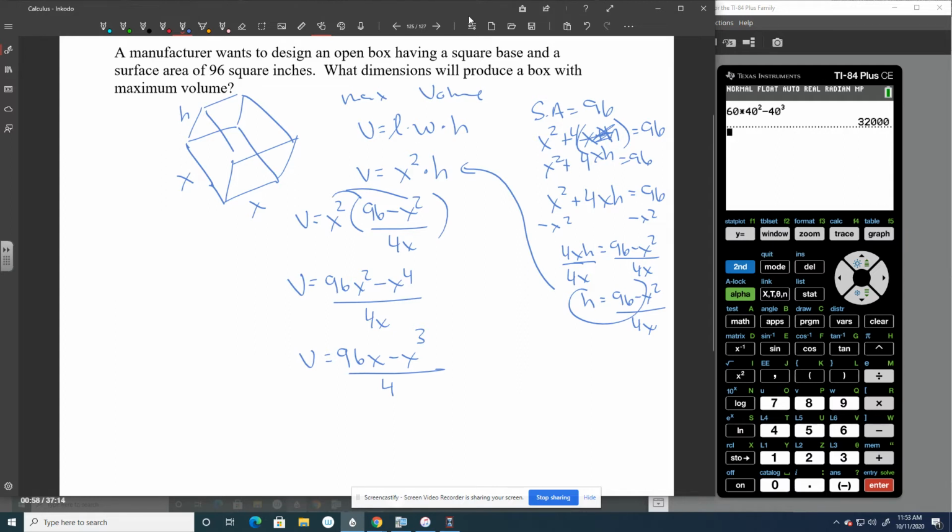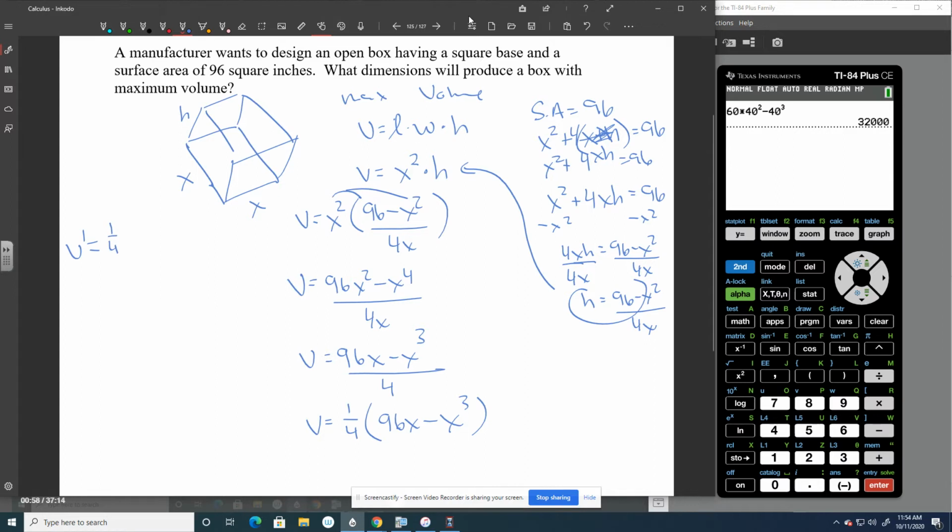The way I have it written right now, I'm going to have to do a quotient rule. So I'm going to cheat a little bit. This divide by 4, I'm going to rewrite this as 1/4 multiplied by 96x minus x cubed. Because that's just a constant out in front, when I take the derivative, I can just leave it out in front. So my volume derivative, I've got 1/4 out in front.